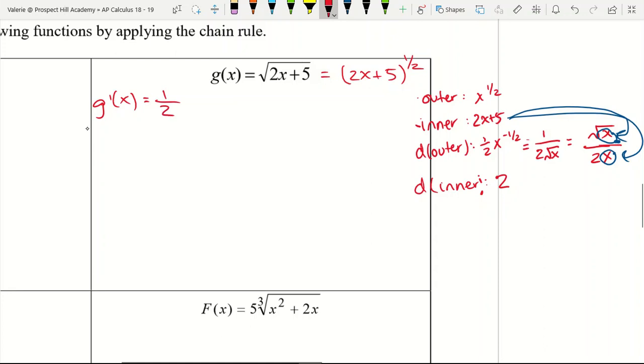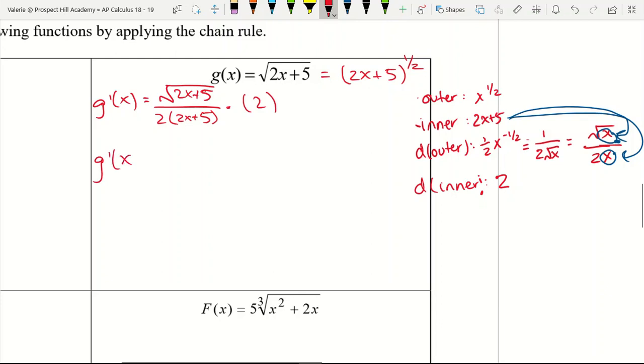Instead of x, we'll have the square root of 2x plus 5 over 2 times 2x plus 5, all times the derivative of our inner function, which is just 2.